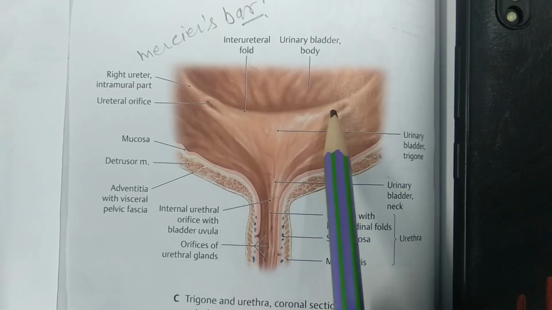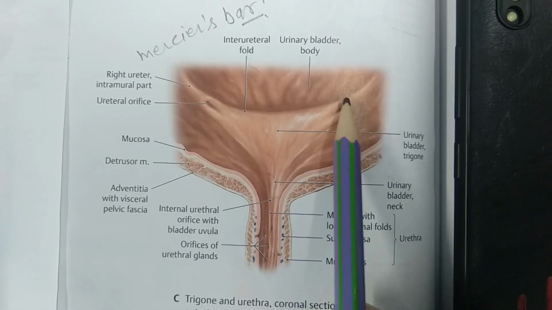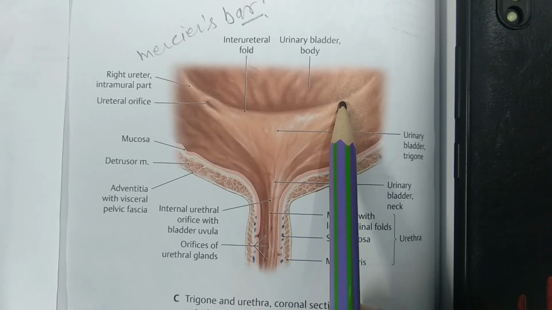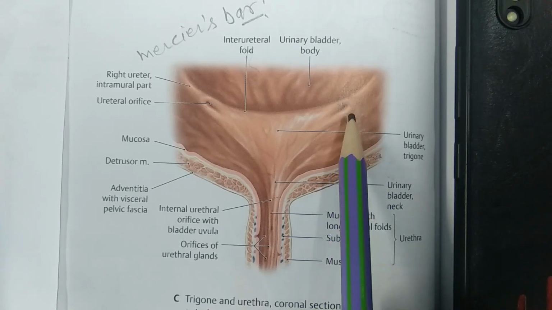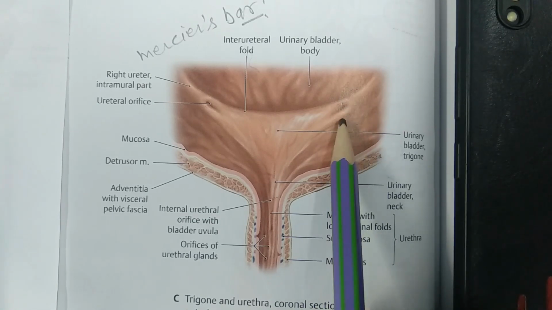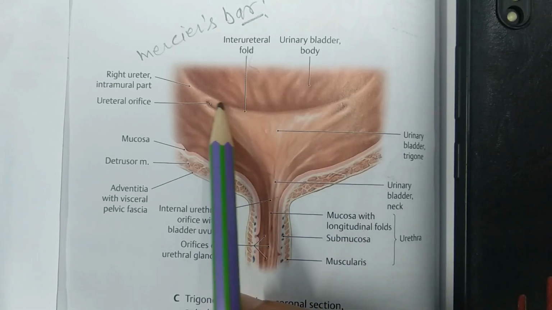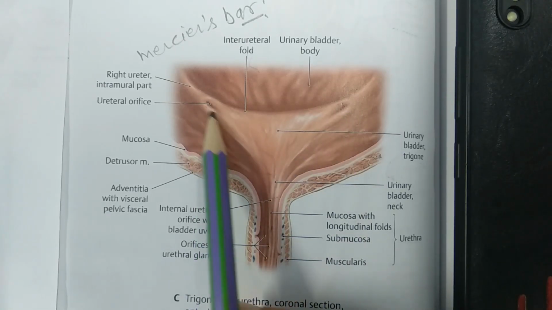Each posterolateral angle of this trigone has a ureteric orifice, which also has an oblique slit. You can see the oblique slit, the ureteral orifices.